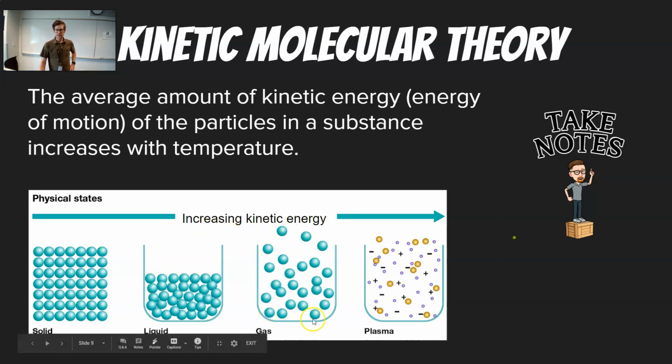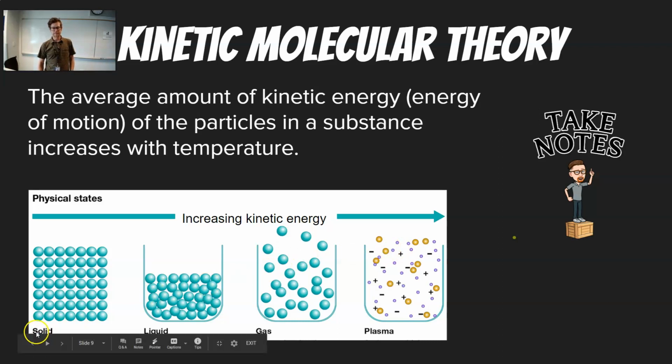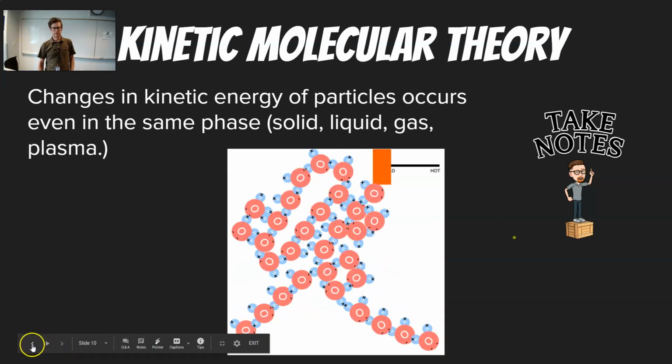And then in a gas, you've got lots more space, lots more motion. In fact, this diagram doesn't at all show the scale. The distance between the molecules in a gas is vastly greater than it is between liquids and solids. And then if you really keep increasing the kinetic energy, you can actually get to the point of separating out the electrons from the rest of the atoms and create what's called a plasma.